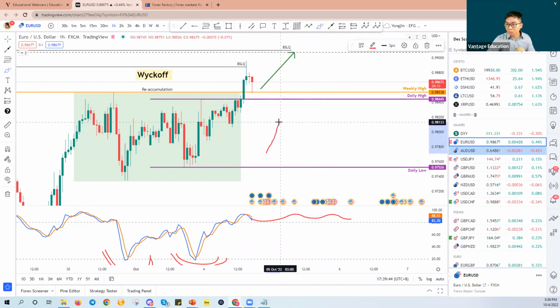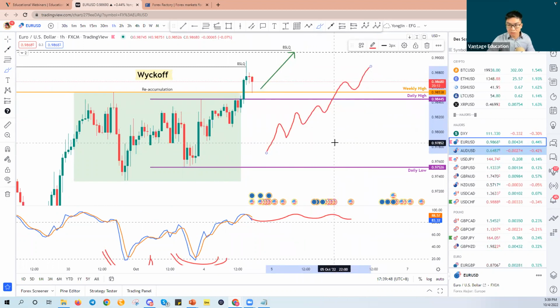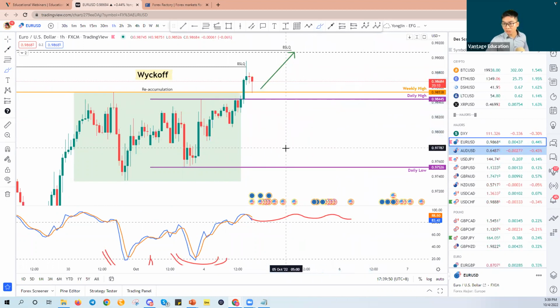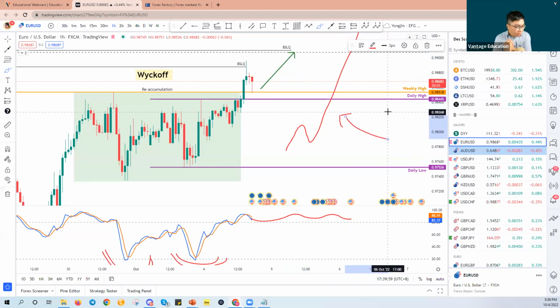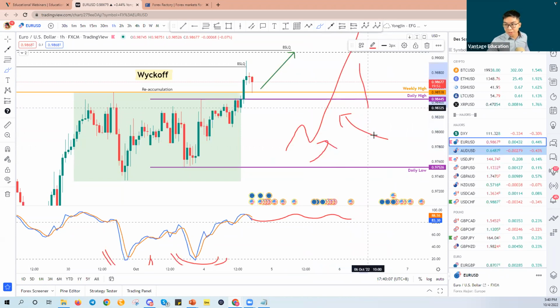I like to see price come down, a nice clean movement upwards. I do not like to see when the chart goes up and suddenly it just smashes up. The moment I see this kind of scenario, I'm off the charts. There's nothing for me to take. Price can either continue moving all the way up, or since price can go up so fast, I can expect price to come down fast too.